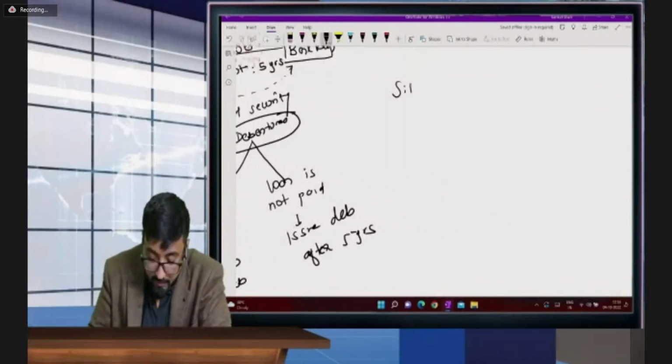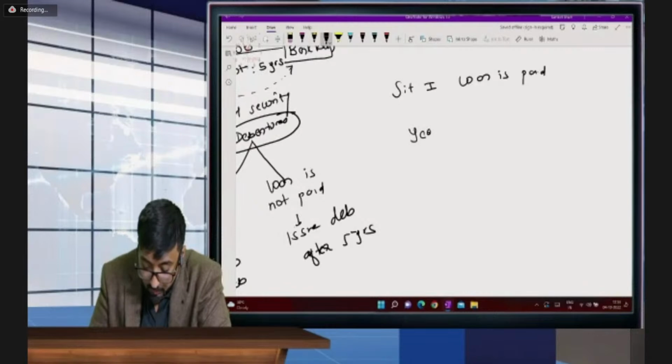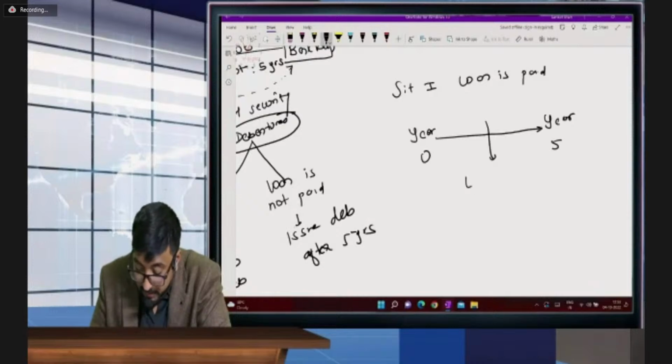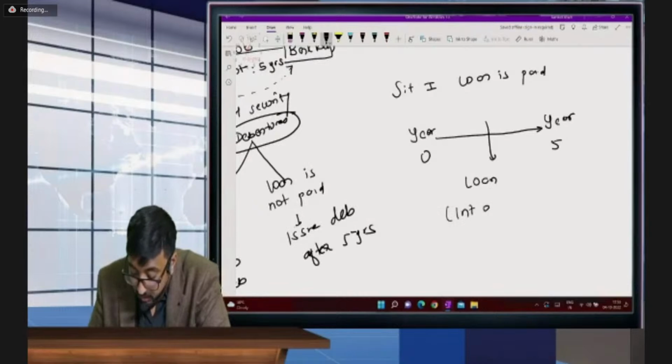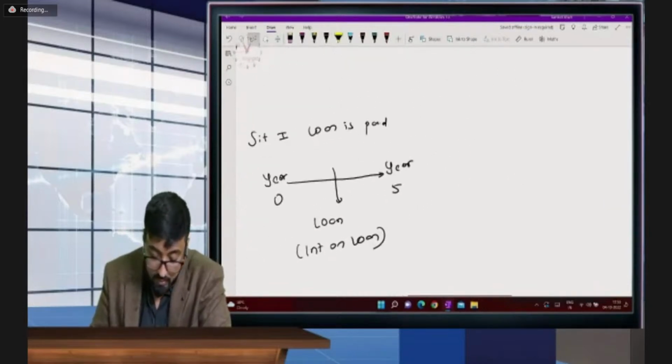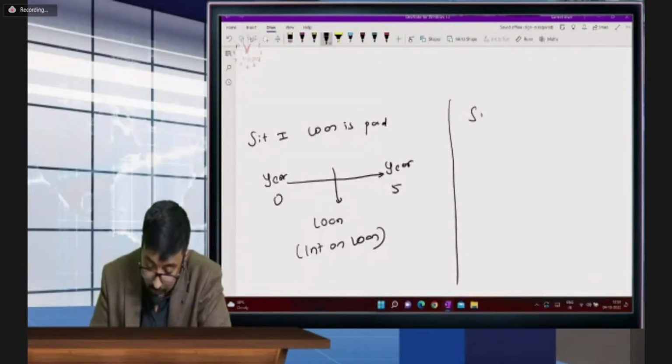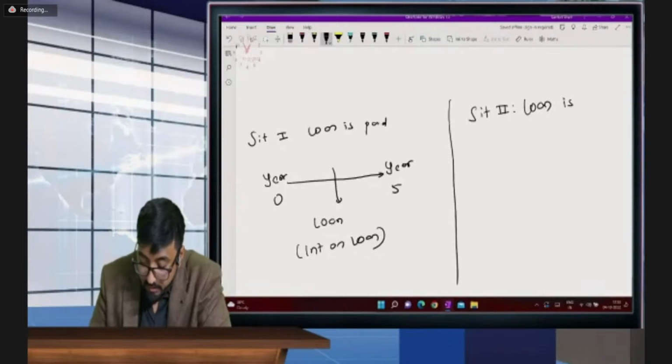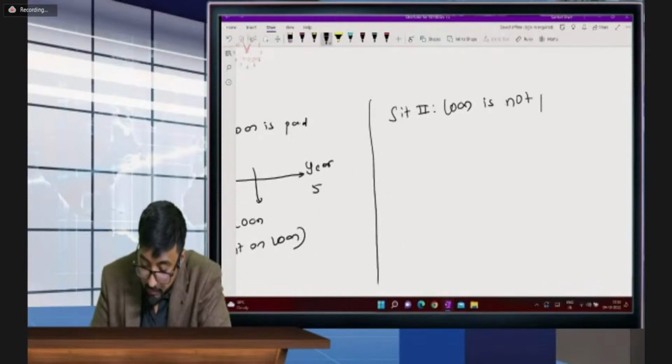Situation 1, loan is paid. So here, year 0 up to year 5, loan is there. So interest on loan. Situation 2, loan is not paid.